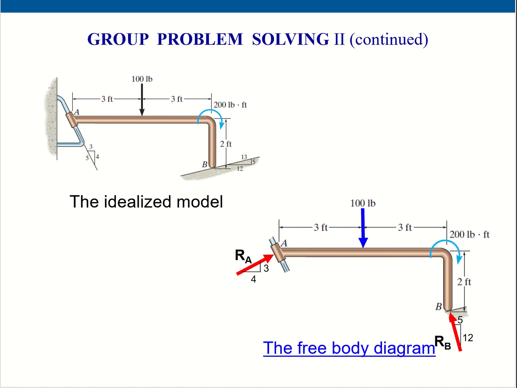So this is the answer. We have a reaction. Since we have a moment here, this one is a clockwise rotation, so there should be a counterclockwise rotation here. Even though the textbook didn't show the right answer, there should be the rotations.